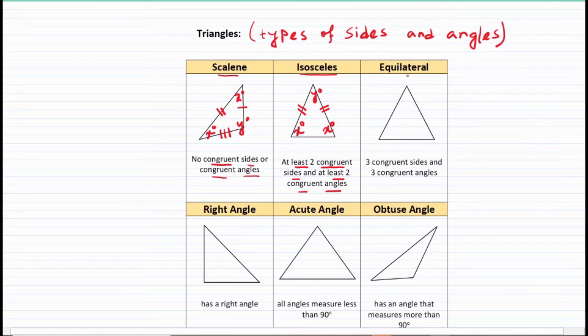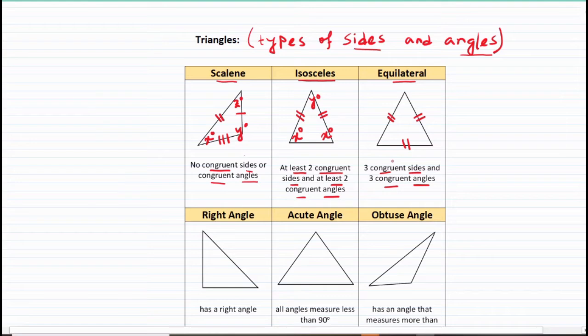Now, the next type of triangle is the equilateral triangle. From the name and from the picture, we have a very clear impression of this type of triangle. These triangles have equal sides as well as equal angles. So, three congruent sides and three congruent angles.